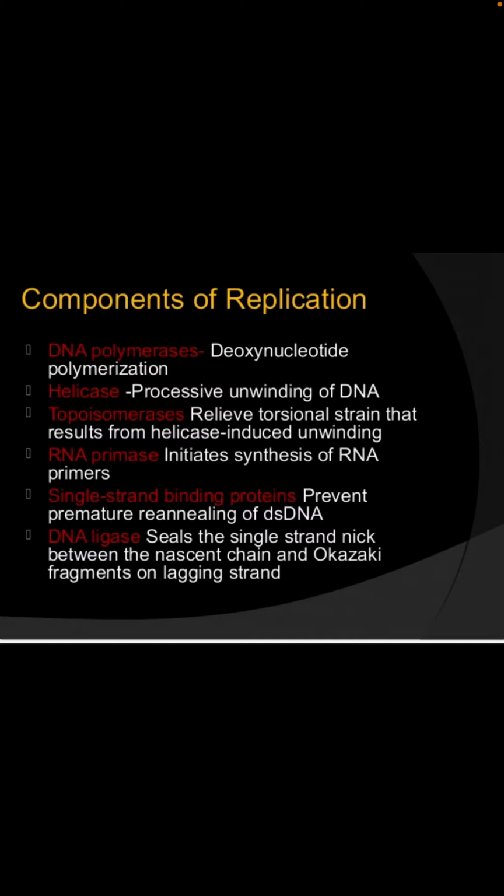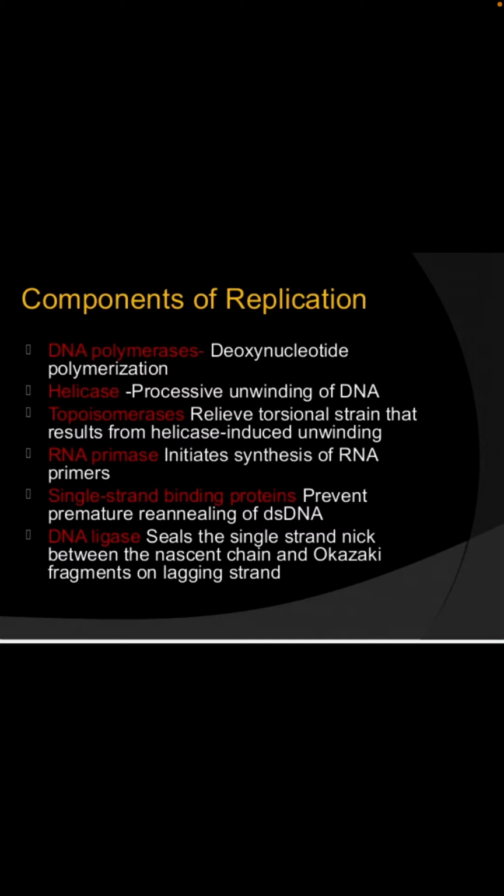Helicases are for unwinding of the DNA. During unwinding, DNA encounters many supercoils. To relieve those torsional strains or supercoils resulting from the helicase activity, we need topoisomerases. We will study the functioning of topoisomerases afterwards.